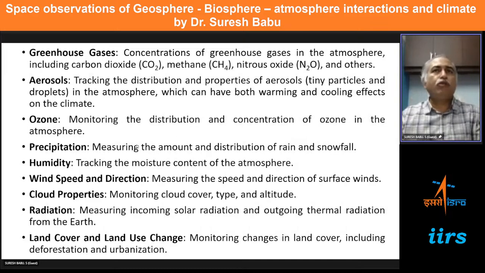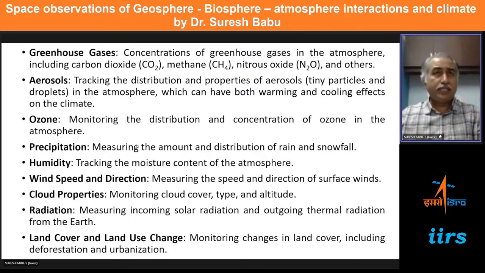It is very important to monitor the presence of greenhouse gases like carbon dioxide, methane, and nitrous oxide. These are the important greenhouse gases which lead to warming in the atmosphere. At the same time, we know that particles in the air, known as aerosols, such as sulfate and nitrates, scatter radiation back to space, which controls the warming and leads to cooling. And this combined effect is the one which decides global warming.